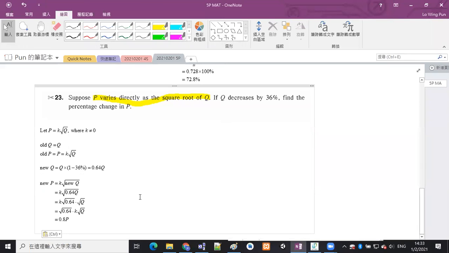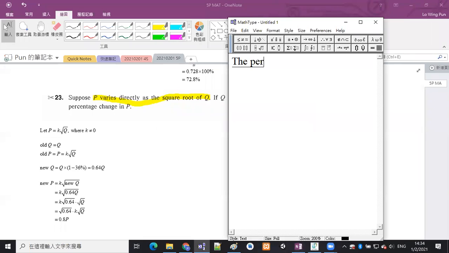Can you get this? So we have done all of our preparation now, and we are ready to answer the question. The question asks you to find the percentage change in P. So the percentage change in P is equal to the new P minus old P divided by old P times 100%. Always like this.